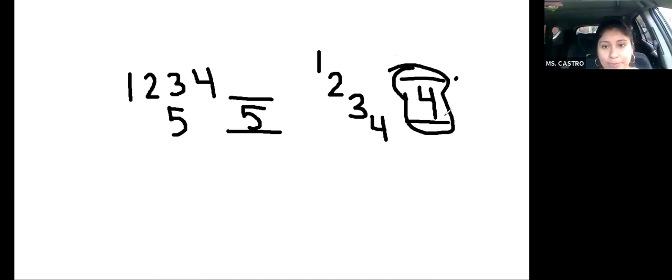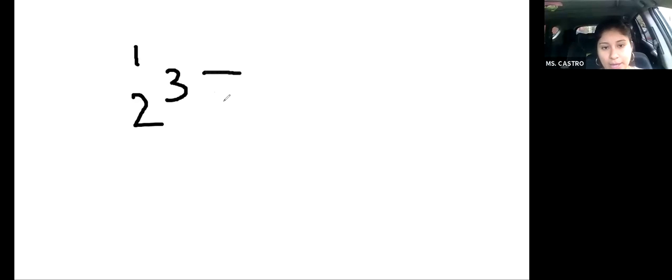All right, last problem, and we are done. First set of animals, let's count and label. 1, 2, 3. 3 is the last number that I counted, so on the line, I'm going to write the number 3.